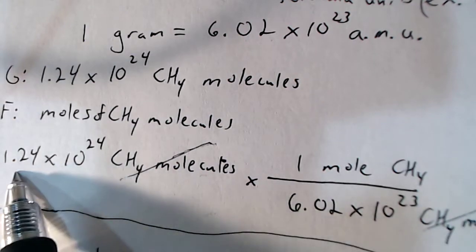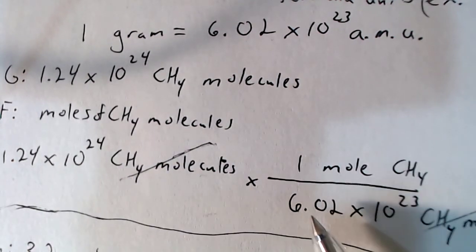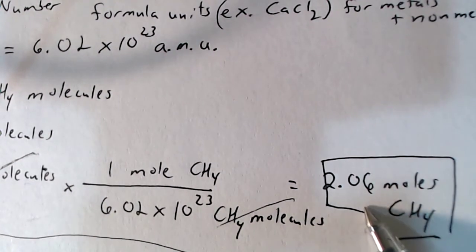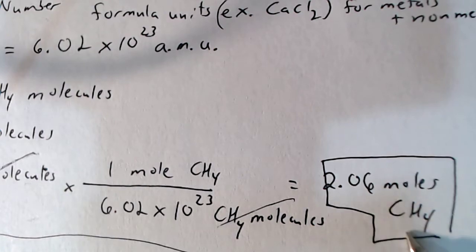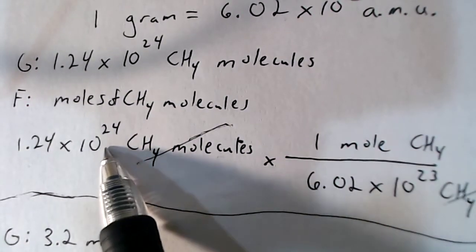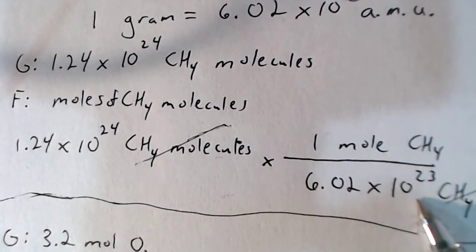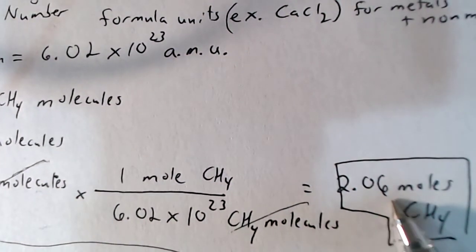So you do 1.24 times 10 to the 24 divided by 6.02, press enter. Divided by 10 to the 23, press enter. Please pause and see what answer you get now. All right, so you should get 2.06 moles of methane. You should have had 10 to the 24 over 10 to the 23, and those almost cancel each other out. You should not be getting 2 times 10 to the 40 something here.